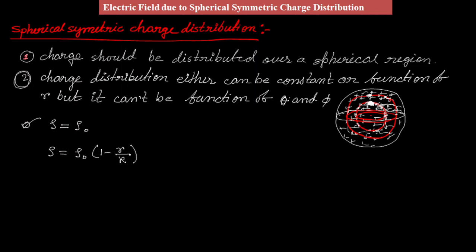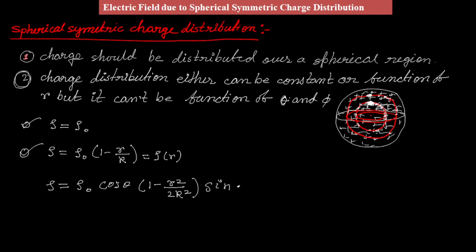Since in this case rho is only a function of r, we can say that this charge also has spherical symmetry. But if I give you a charge density like rho naught cos theta times 1 minus r square divided by 2R square into sine phi.